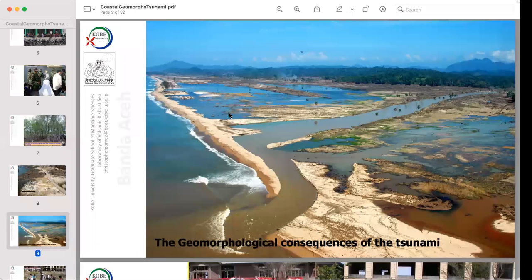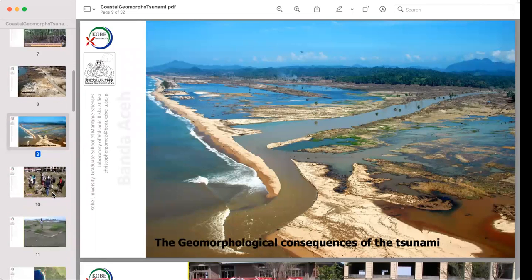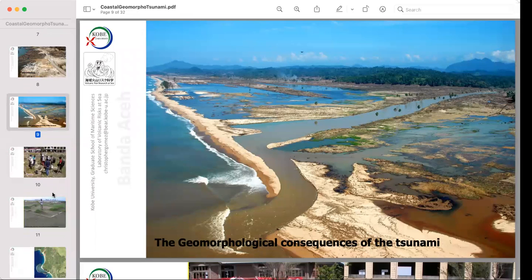So when you think in terms of geomorphology, we have what we call a geomorphological crisis. It means that out of a long-term evolution, we have a peak of energy, and that peak of energy is actually creating a lot of changes very quickly, so that the environment then has to reorganize itself around it.